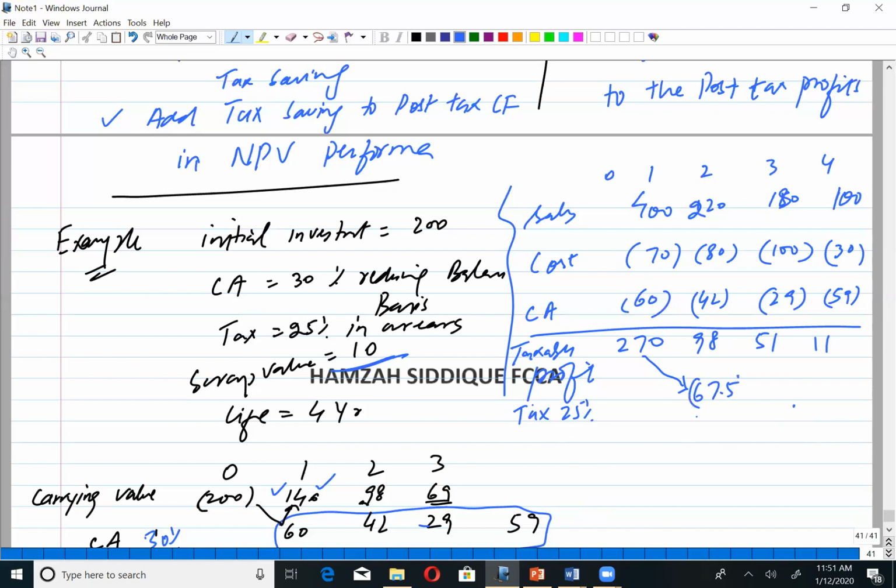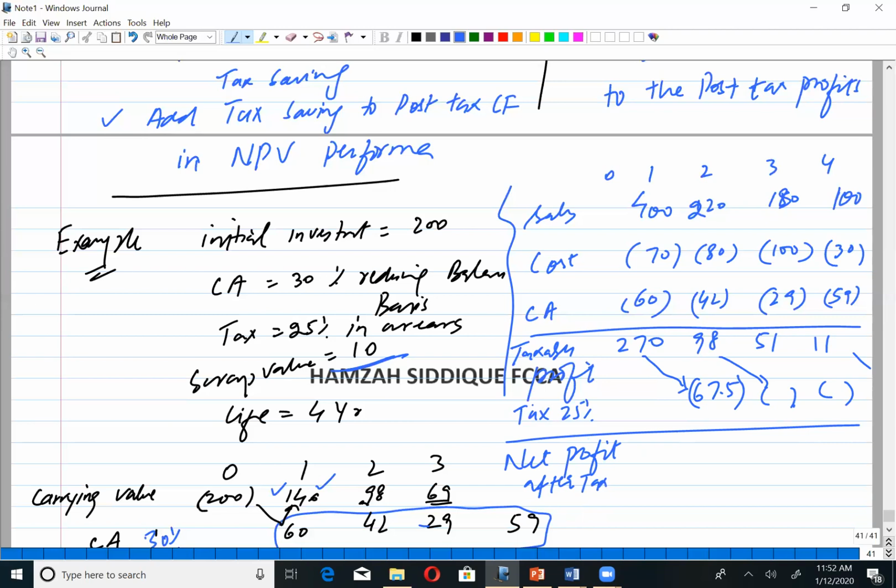And tax has to be paid over here. You can calculate yourself. And for year 4, it will be in year 5. And then net profit after tax. You will get it.